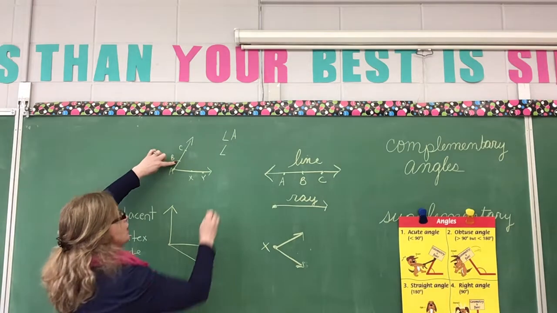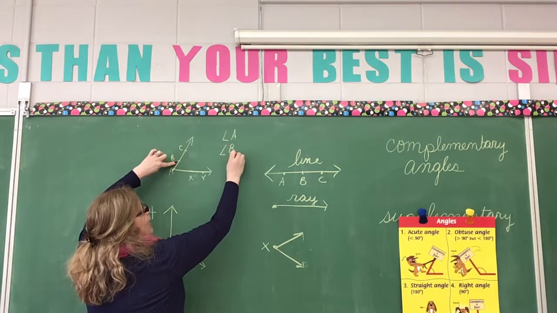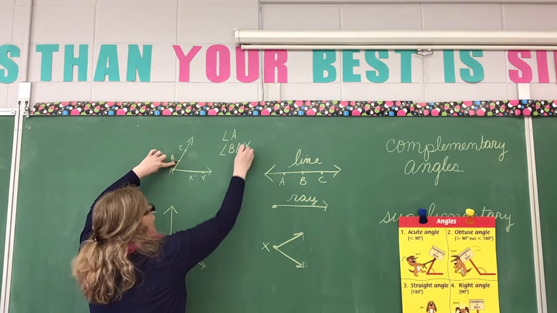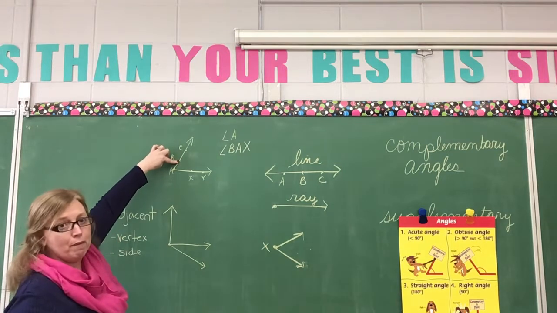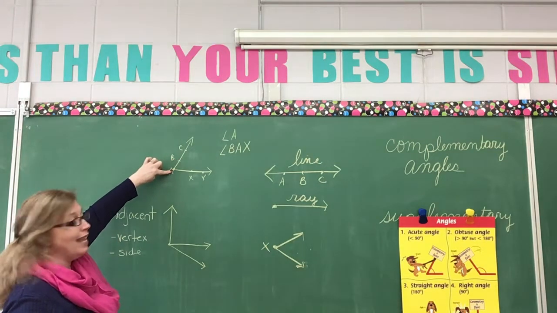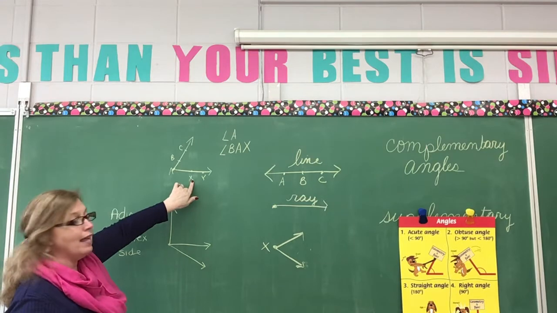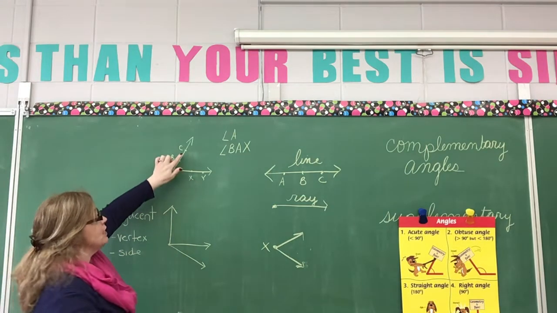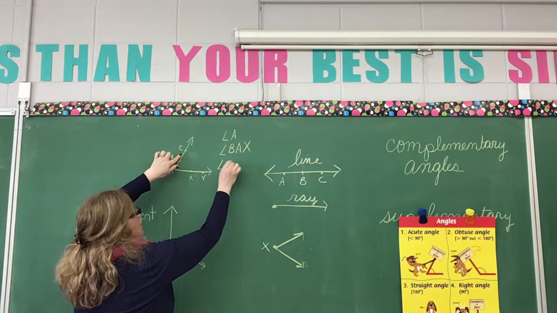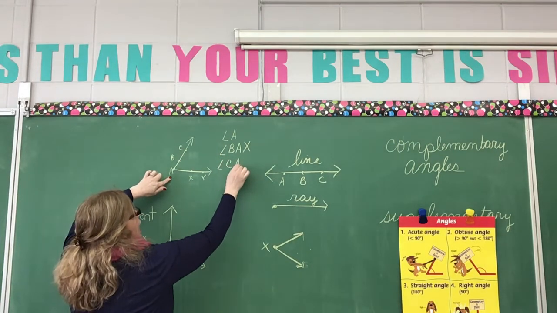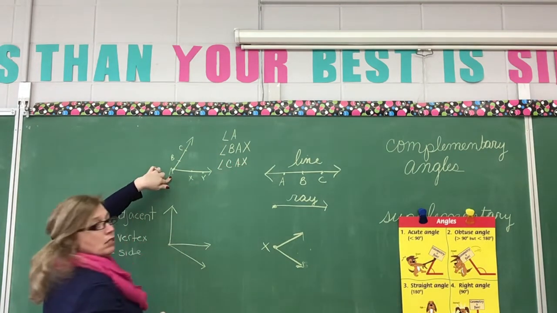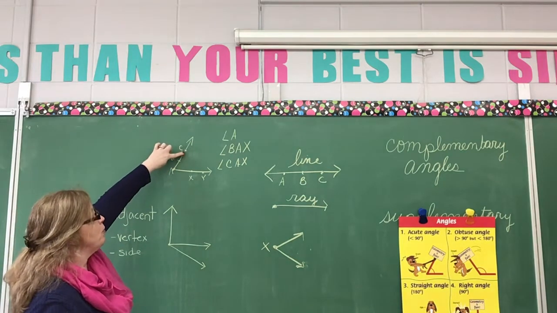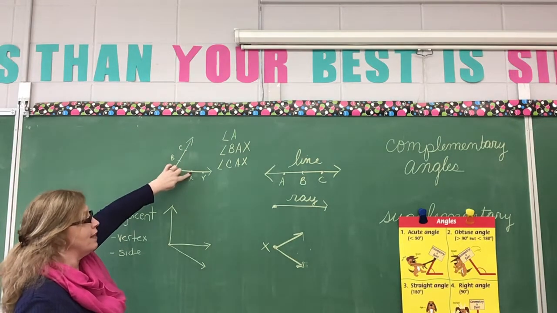So I could call this angle BAX. The B from the point on this ray, the A is the vertex, and the X from this ray. I could just as easily call this angle CAX. I have the C from this point, the A vertex, and the X.